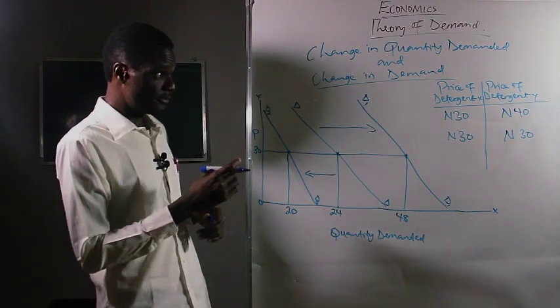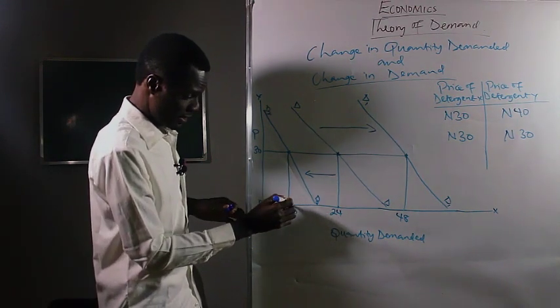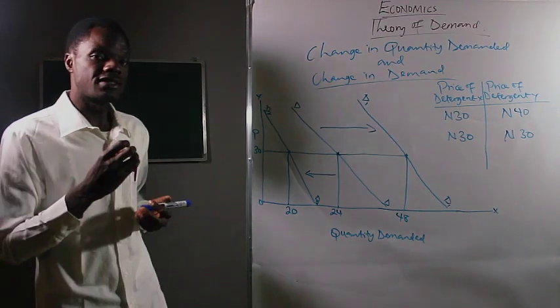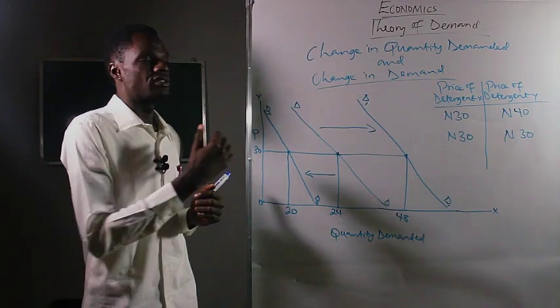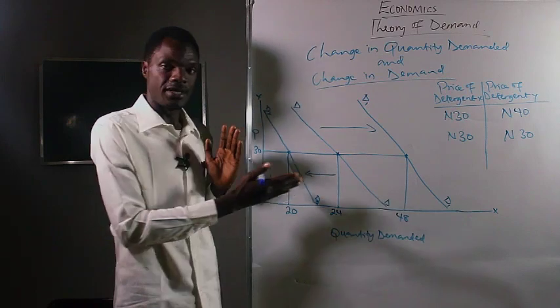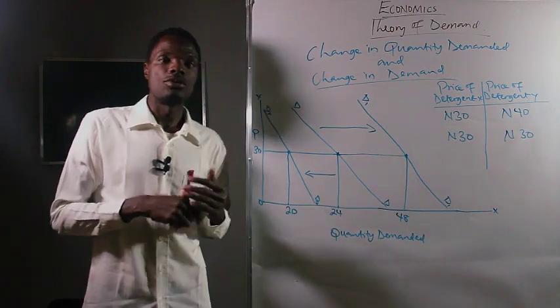But because there is a fall in the price of detergent Y, the quantity demanded for detergent X has decreased to 20. That means 4 units of detergent X is sacrificed by the consumers to buy detergent Y because there is a fall in the price. So in this case, we have a decrease in demand caused by the price of a good that has a relation with the good we are talking about.